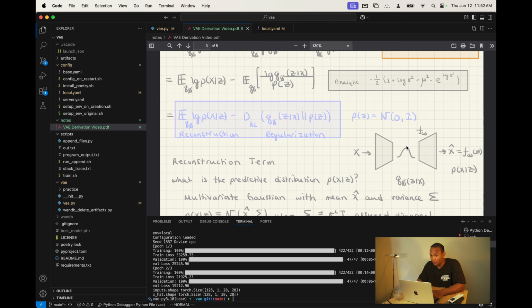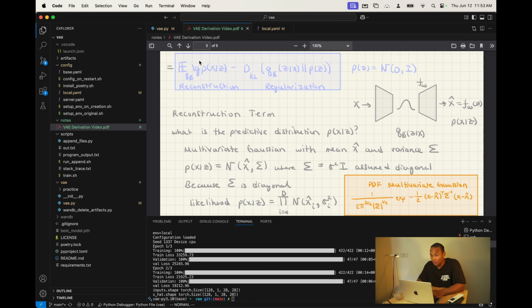It outputs our reconstructed image, from which we calculate the reconstruction loss and the regularization. We add them together. Remember, we're minimizing the sum here. We're not maximizing the difference, we're minimizing the sum, right?